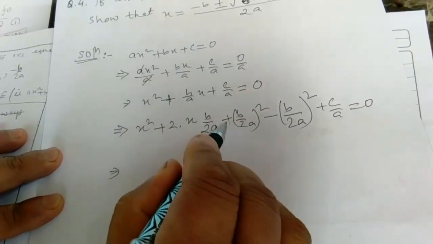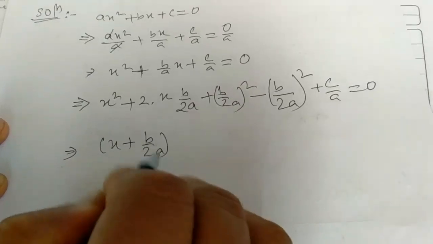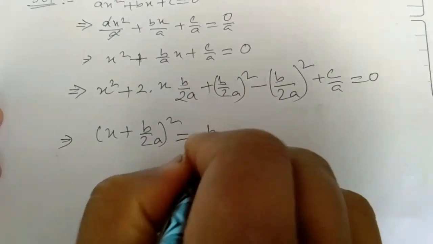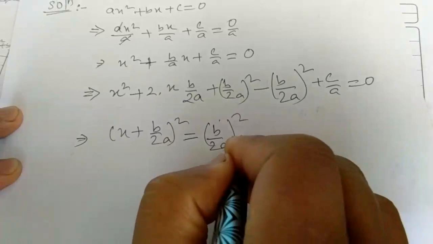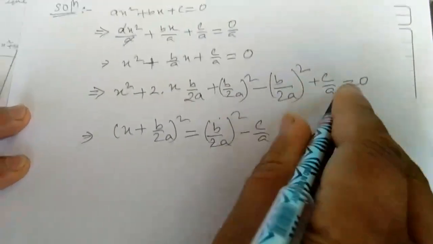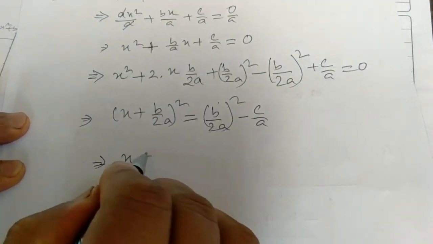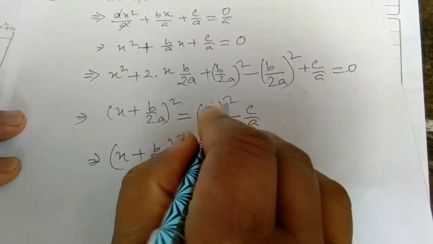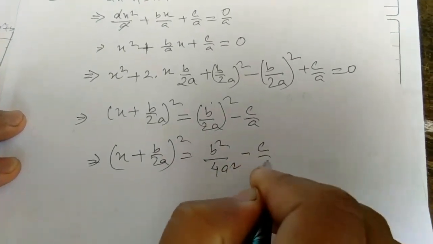Then up to this much, a square plus twice ab plus b square, is your a plus b whole square equal to, this is minus, transfer the side, it will become plus b by twice a whole square. This is plus, the side becomes minus c by a. If you transfer to the right side, it will become minus. I think you understood this one. X plus b by twice a whole square. Then remove the bracket, it will become b square by 2 to the 4 a square minus c by a.